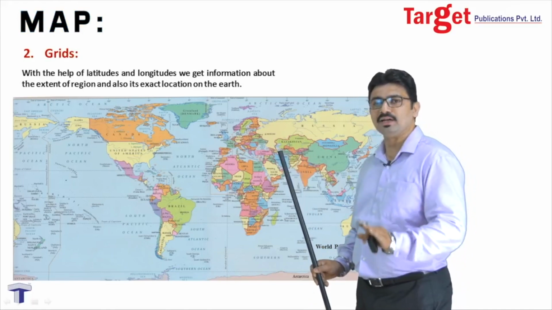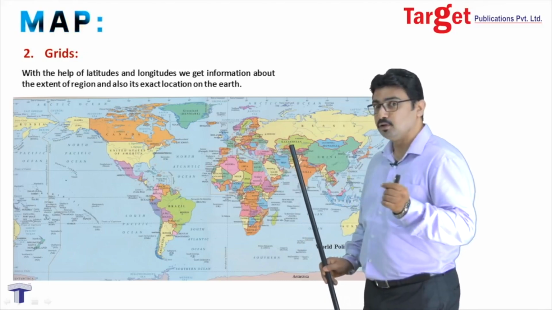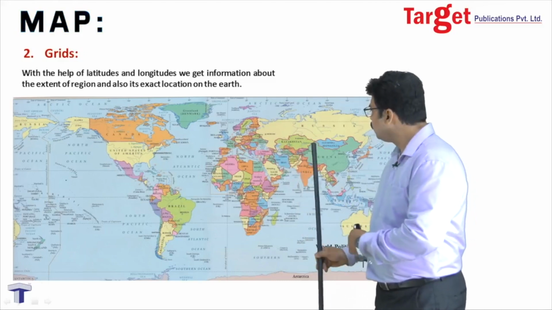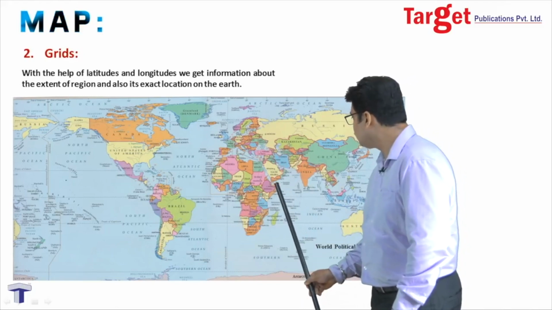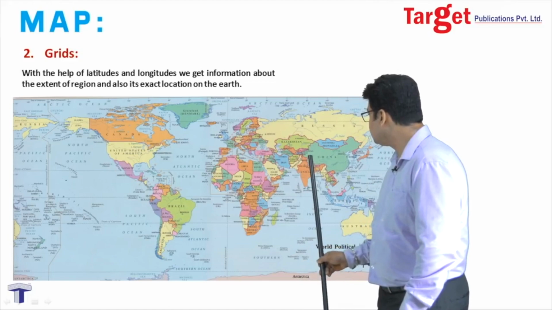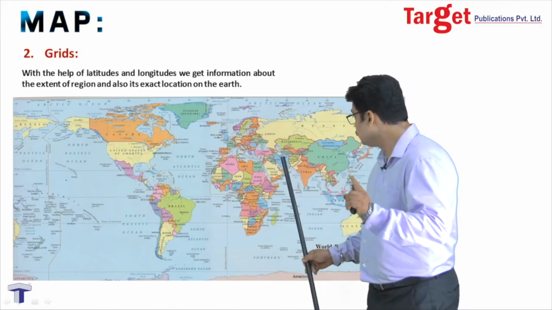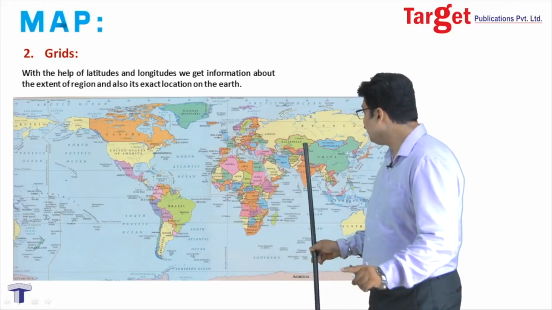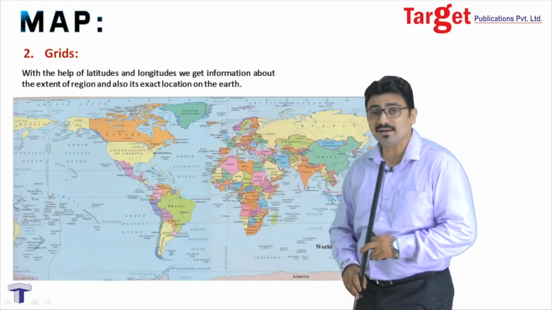Our entire country is in the northern hemisphere. Moving ahead, let's see the longitudinal extent. Now, the longitudinal extent, as I say, would start from 68°7' east up to 97°25' east. So, it starts with an eastern longitude and ends with an eastern longitude, which means our entire country lies in the eastern hemisphere.